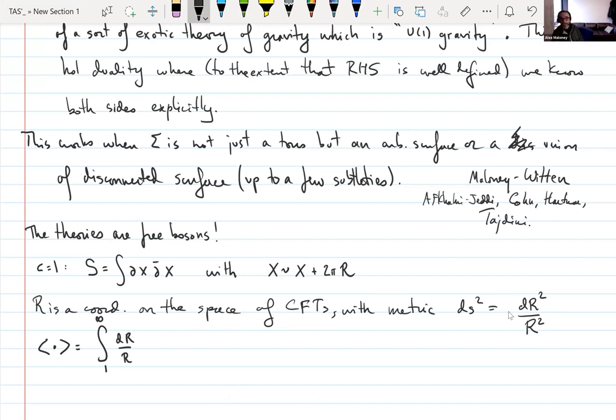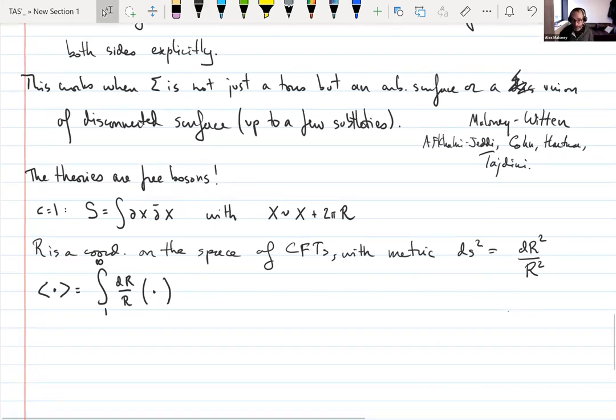Now, the first thing that you might complain about here, and this would be a very good thing to complain about, is that the first thing you would want to try and average is 1. The average of 1 should be 1. That seems like a pretty good place to start. But of course, the integral dr over r from 1 to infinity diverges. So in fact, when you have a single free boson, the volume is divergent.